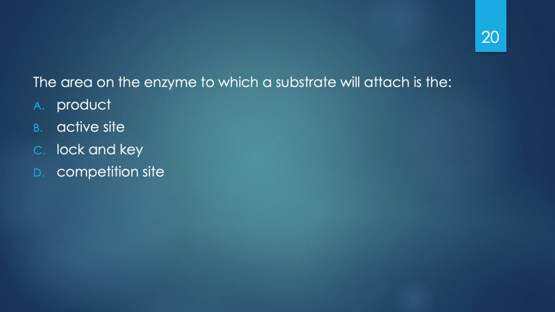So those are the two different models I showed you in both the lock and key model and the induced fit model, in which it demonstrates both breaking down and bonding together two different substrates. And then competition site seems like it would be a very good option to answer this question with, because there is in fact competition among the various substrates to attach to the active site. But the active site is truly the name on the enzyme of where the substrate will attach. So the answer is B.